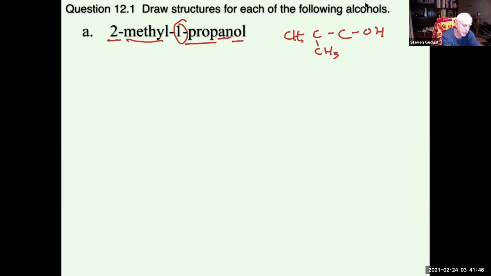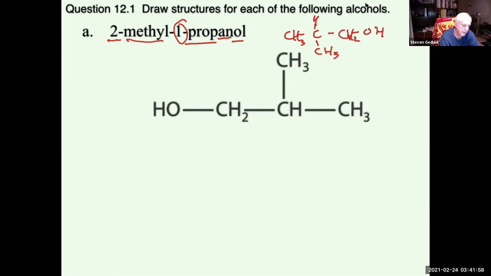So this is CH3, CH, CH2, OH. And that's our structure. Number 1, we have our OH group. At number 2, we have our methyl group. And we have 3 carbons, all with single bonds. 2-methyl-1-propanol.